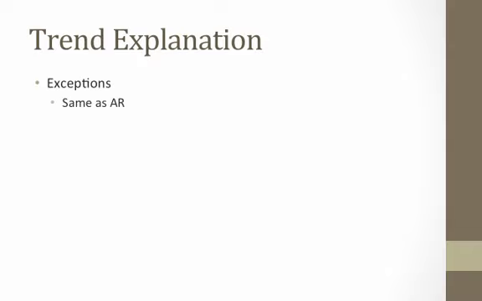Last piece of the puzzle then is to start talking about exceptions on the periodic table, elements that don't seem to match. If you recall, we've already identified exceptions with the elements boron, aluminum, and gallium on the atomic radius trend plot. The great news is that there really aren't any exceptions on the electronegativity plot.